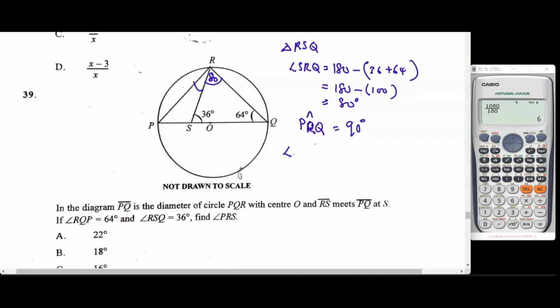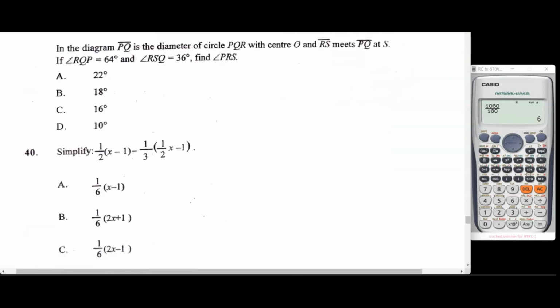Therefore, angle PRS, which we are looking for, will be 90 degrees minus 80 degrees because the total angle here is 90. That will give us 10 degrees. So the answer is D.